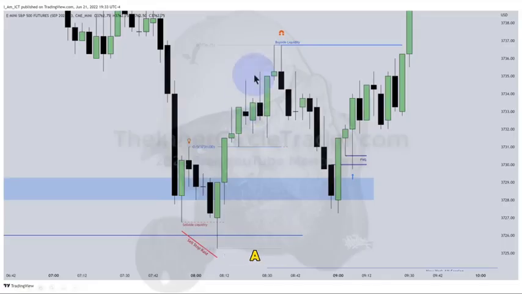Then it creates a short-term discount relative to this low, to this high. That's what we're seeing here. Then the market rallies here, comes back down into an order block and fair value gap, discount, rallies, consolidates ahead of 9:30. Is it likely to trade back down and take that low out?